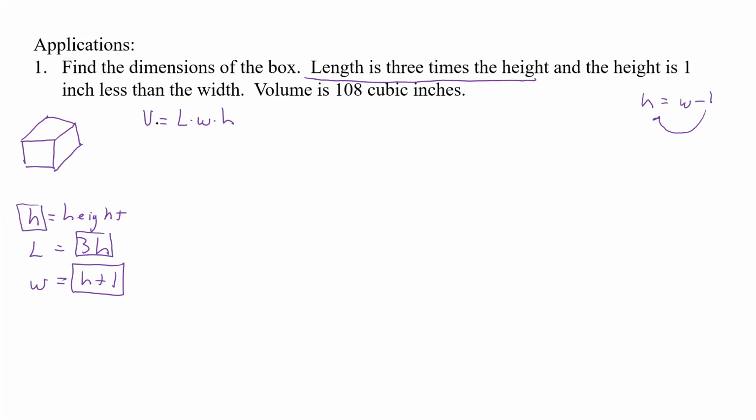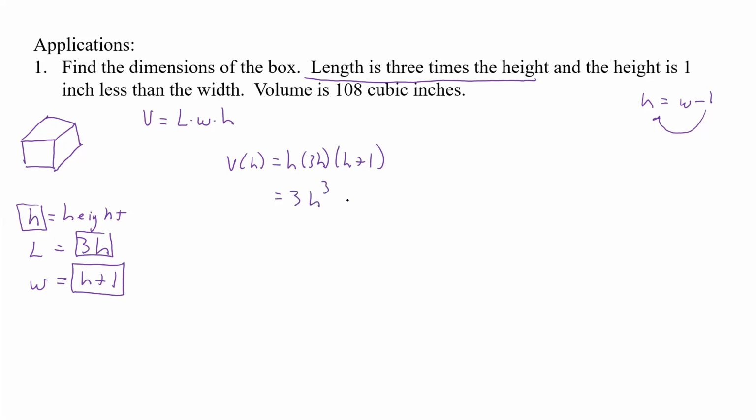Okay, so we're going to get volume in terms of h. So that means we're going to have v of h is equal to h times 3h times h plus 1. Okay. Now, what does that say? Well, we can multiply all that out. So that's going to be 3h squared times h. So that's going to give us 3h to the third.